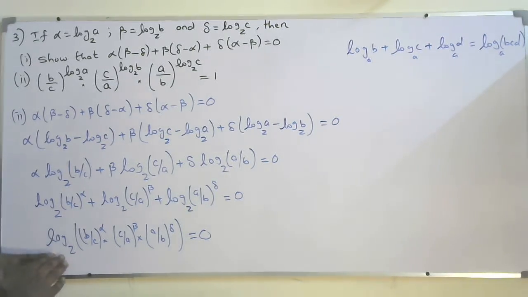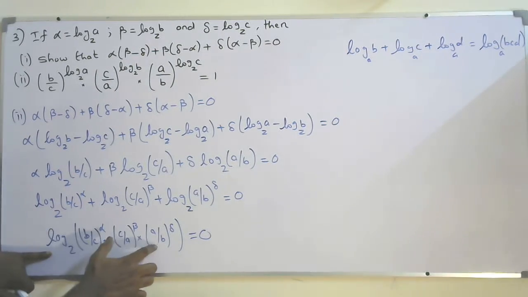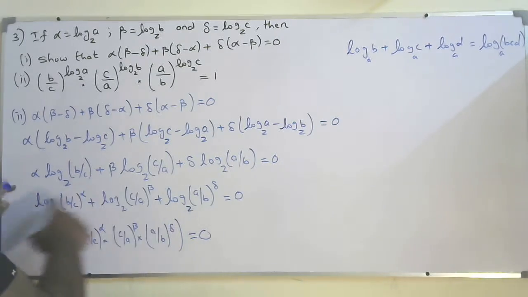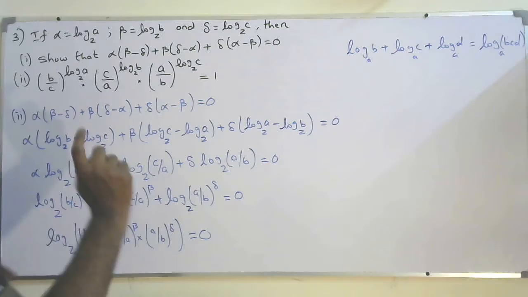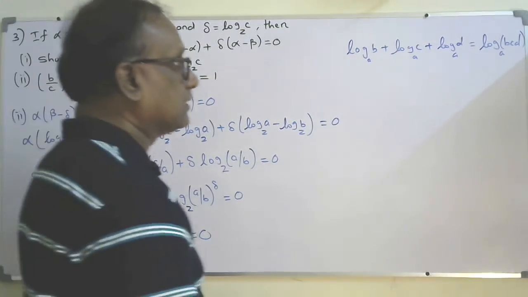Now this is the log z of b over c to the power alpha into c over a to the power beta and a over b to the power delta. To get from the previous step to this one, I used the product rule. All are written with the same base.